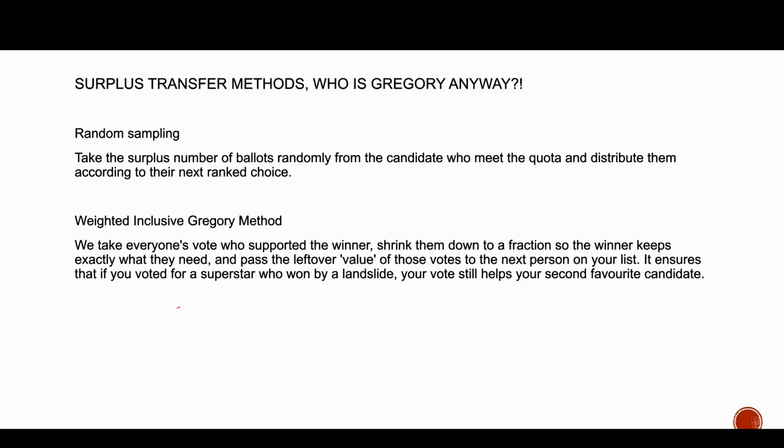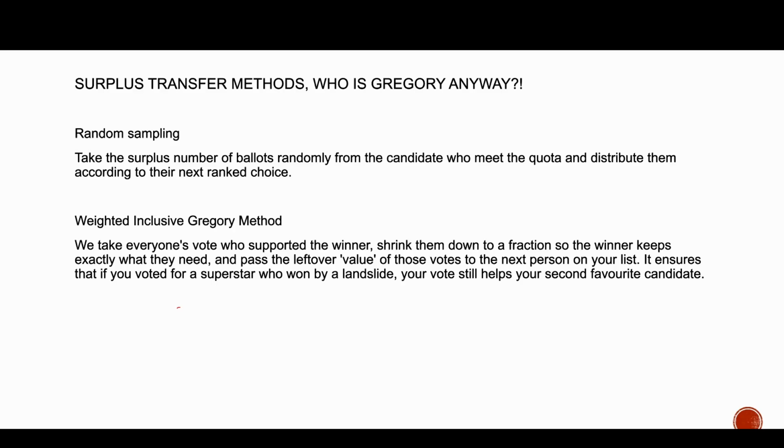Instead of taking half of them at random, you count them all and consider each one to be just half a vote to transfer. And of course, it gets more complicated if there are different numbers, but that's quite an easy one. Does that make sense to people?